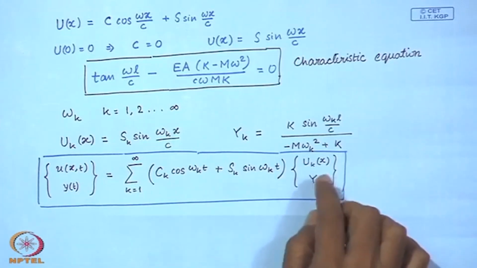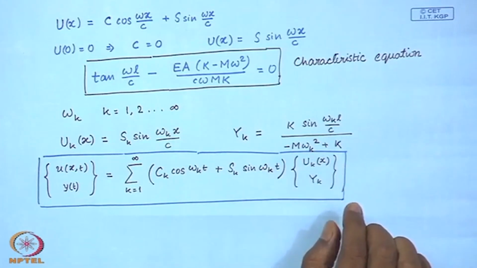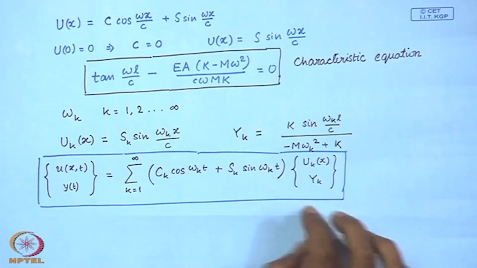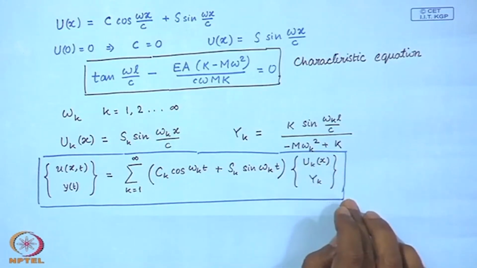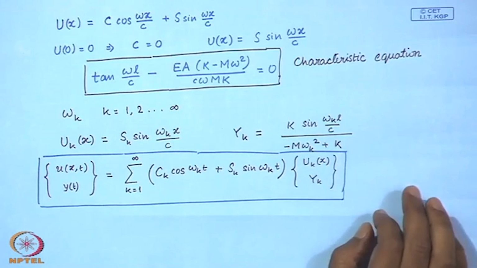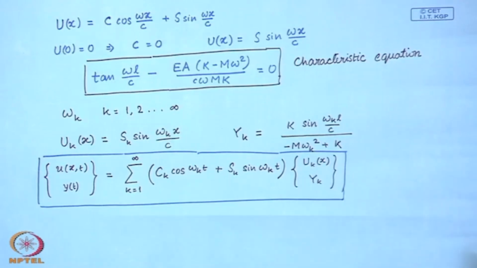So, you can see that the motion of the system is taking place in a modal space which is of dimension infinity plus 1, and as we had visualized in the case of string, for example, the motion of this bar with a discrete oscillator is nothing but motion of a point in this infinity plus 1 dimensional modal space or configuration space of the system.